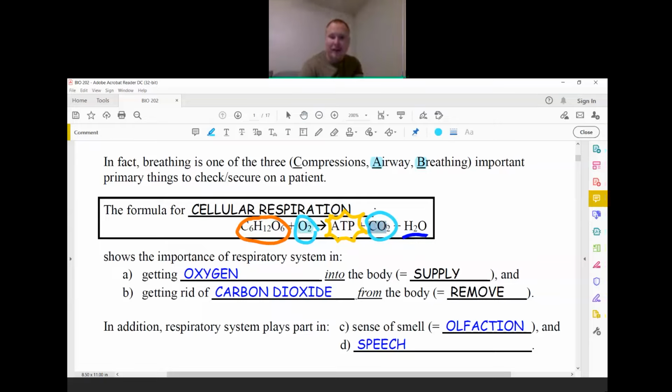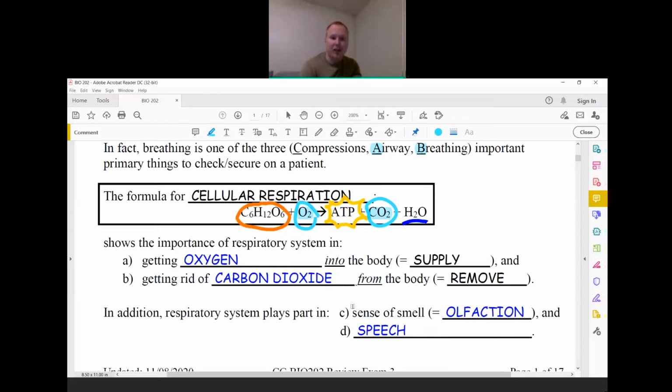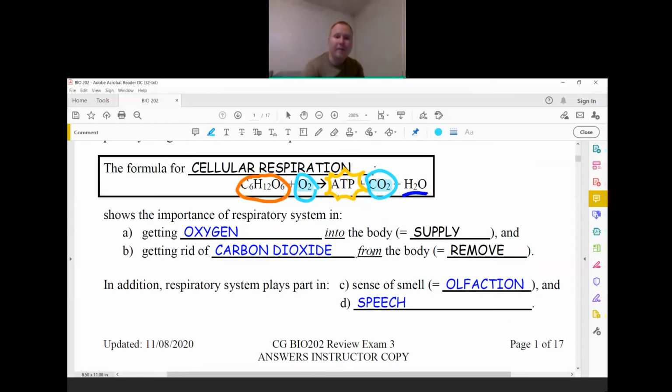So really kind of summarizing what I've already said earlier on, supply of the oxygen is going to be important, bringing that into the body, and then the removal of the carbon dioxide, getting that away from the body. Those are going to be the 2 main functions of the respiratory system.